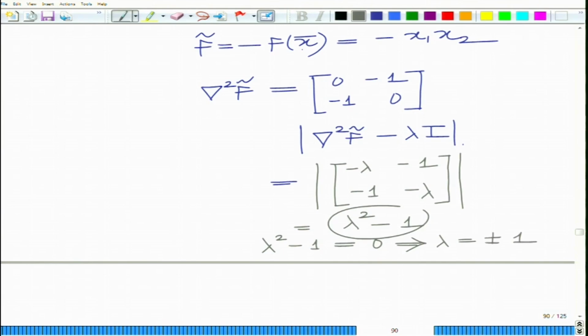Again, the Hessian of f tilde is not positive semi-definite, which means f tilde is not convex, and therefore f is not concave. Remember, f is concave only if f tilde, that is minus of f, is convex.